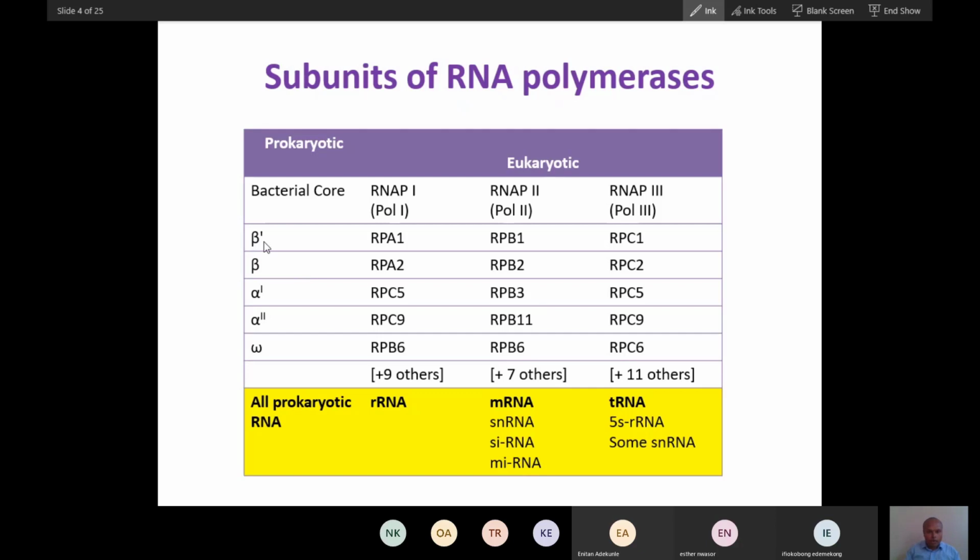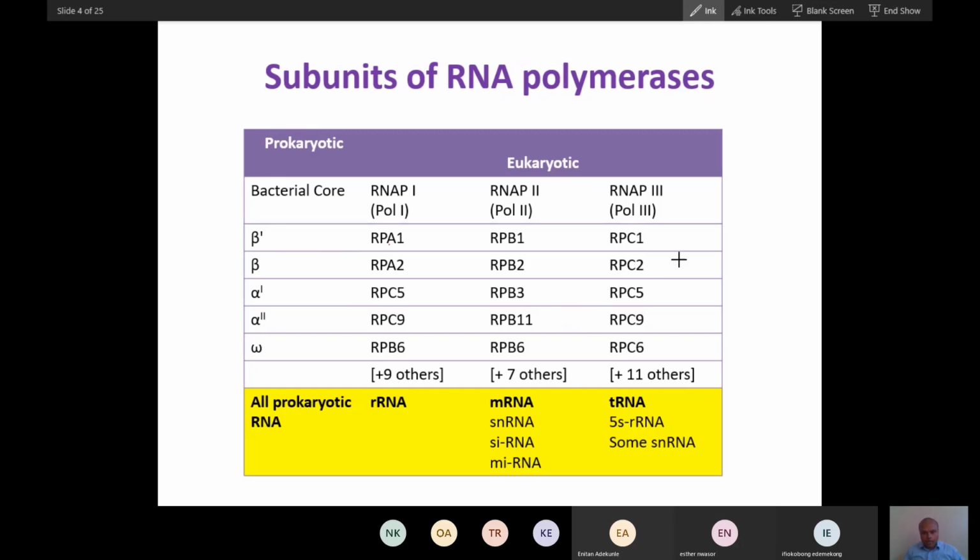With this beta, the similar component in eukaryote, you can see RNA polymerase 1, RNA polymerase A1 and A2 here, B1 and B2. So A1 and A2 for this, and for RNA polymerase 3, C1 and C2.